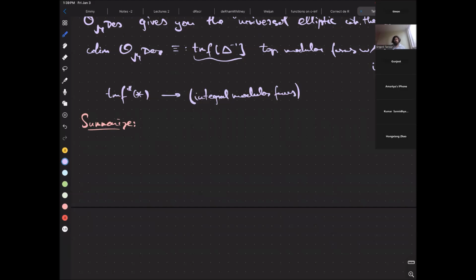And the only remaining case that we had to consider was the case of elliptic curves. And it turns out that in some sense you can consider the universal cohomology theory corresponding to elliptic curves, and this will give you this TMF with delta inverted. So maybe let me write this down.